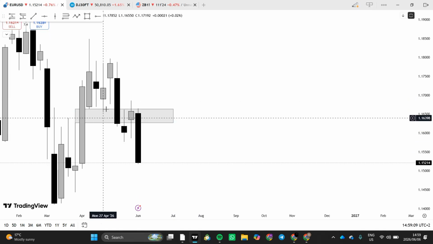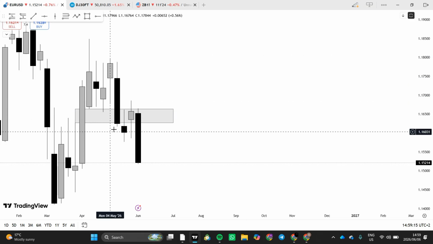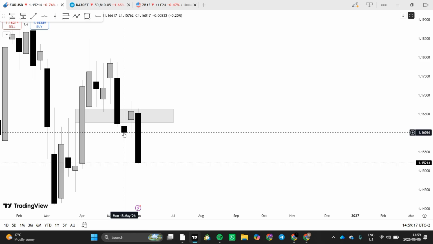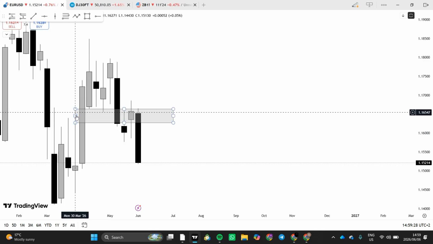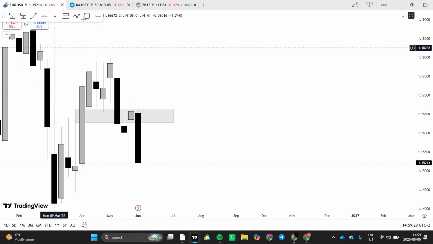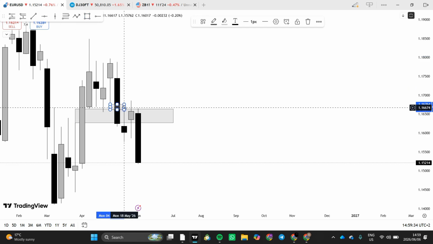This fair value gap is supposed to be a bullish support pushing the price upwards, but it was broken below, so it was inverse and the market came to retest it right over here. So we had an inverse fair value gap plus a fair value gap over here.